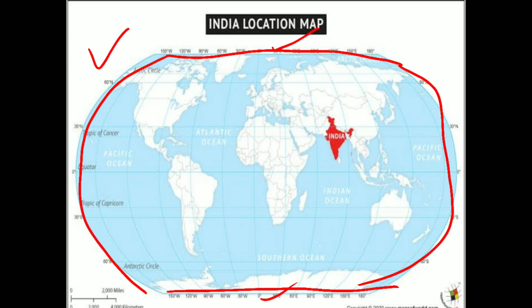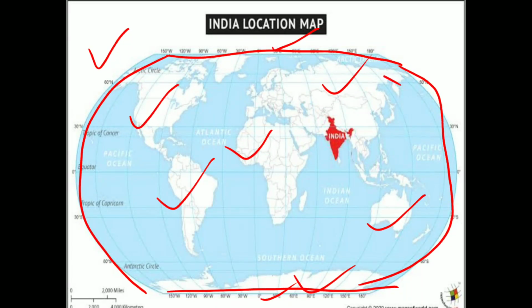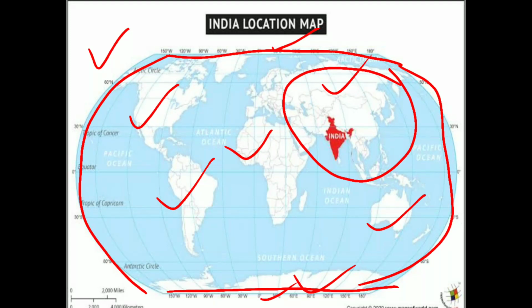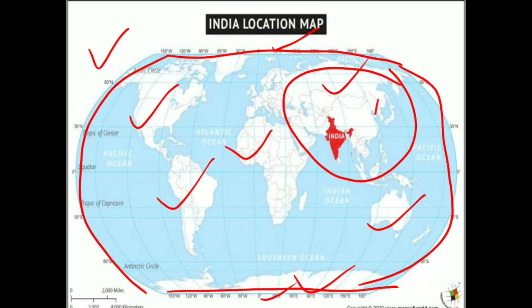And if you zoom in, you can see all these are continents. This is the Australia continent, all these are continents, and this is the largest continent, that is Asia. This is the largest continent, that is Asia, and inside Asia our India is located.